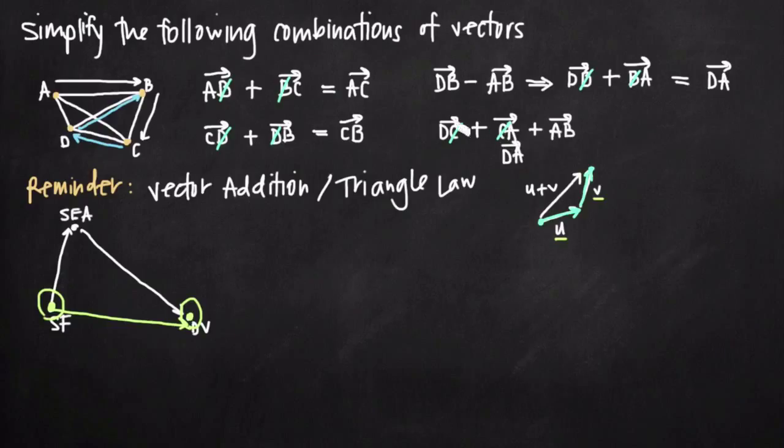Now I have just DA, that's the result of these two when I cancel the C out, DA plus AB. Well, I start at D, I go to A, I stop and change planes at A. I can just cancel those out, and essentially I'm going from D to B. So my result here is the vector DB. Starting at D and going to B is the result of the addition of these three vectors.